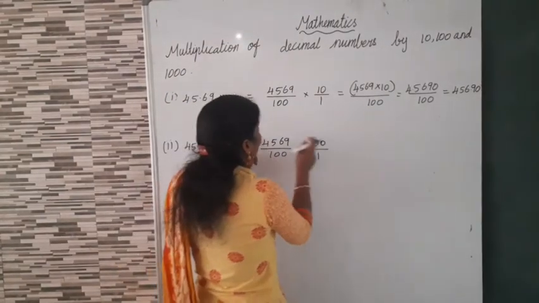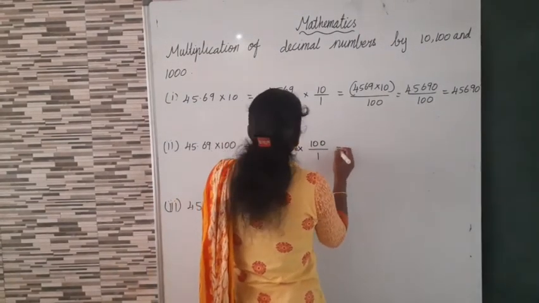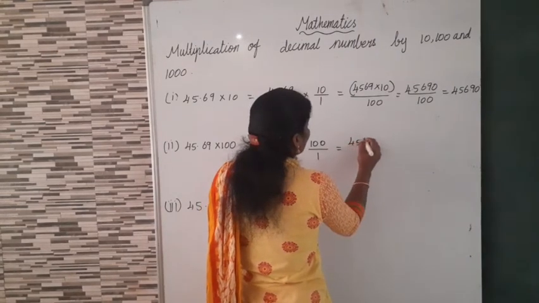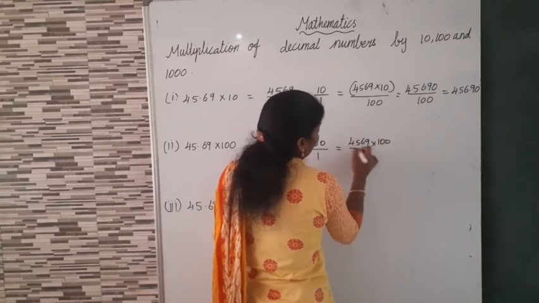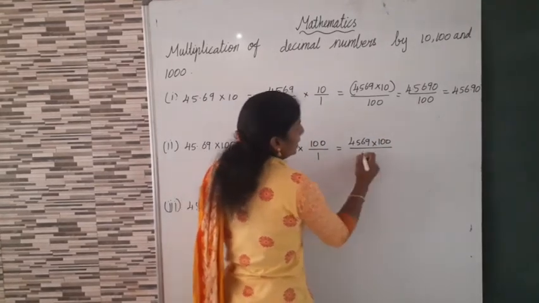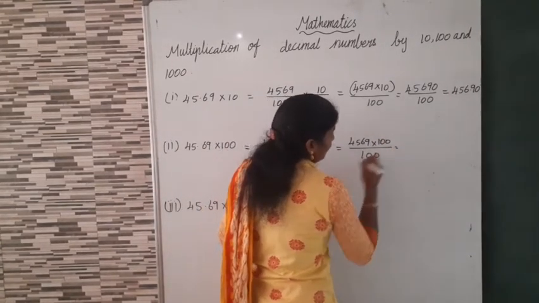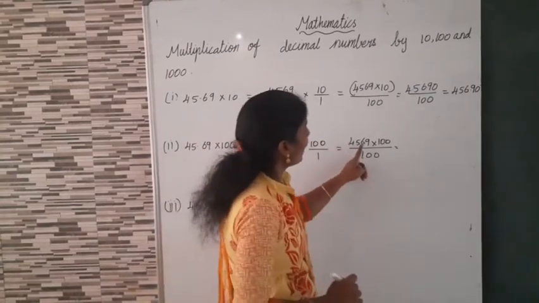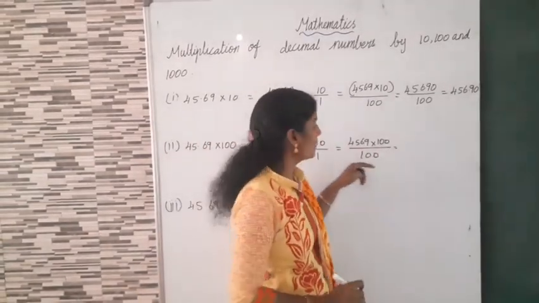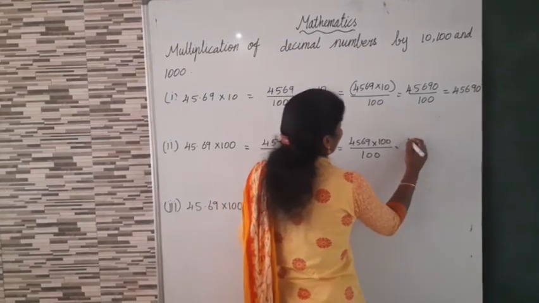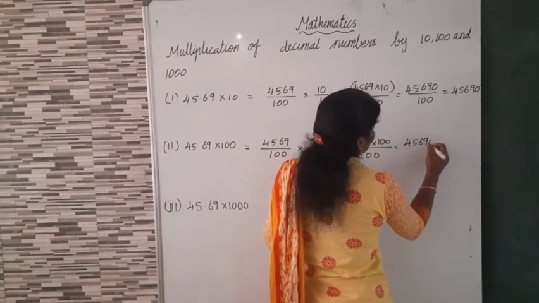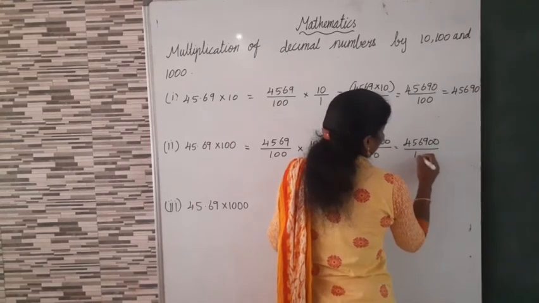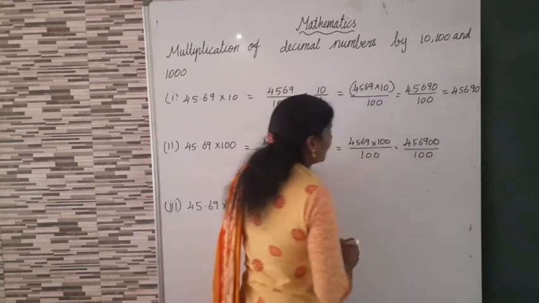Now we can multiply in the numerator, 4569 into 100 divided by 100 into 100 equal to 4569 into 100 is equal to, we can add these 0s here, isn't it? 456900 divided by 100, isn't it?